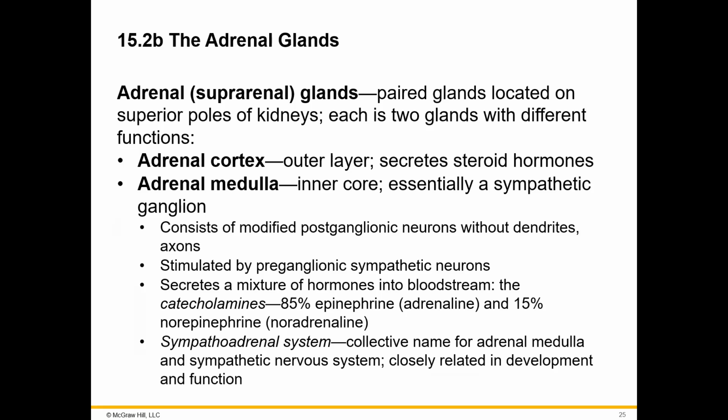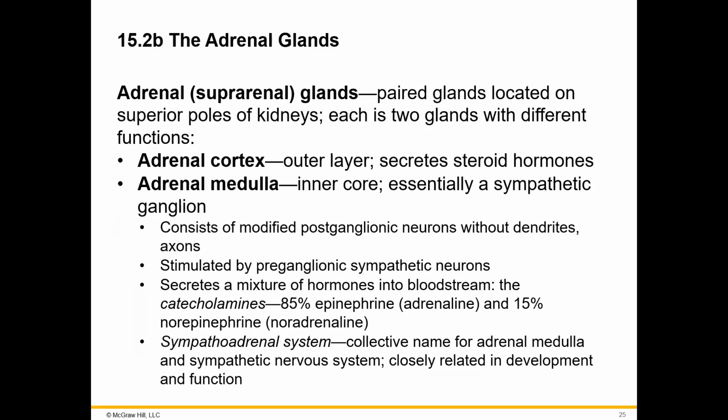That's why when they look at the blood work of a man, they see a little bit of estrogen, and he has no ovary. They look at a woman and see a little bit of testosterone, and she has no testes. Who's making that? The zona reticularis in your adrenal gland.